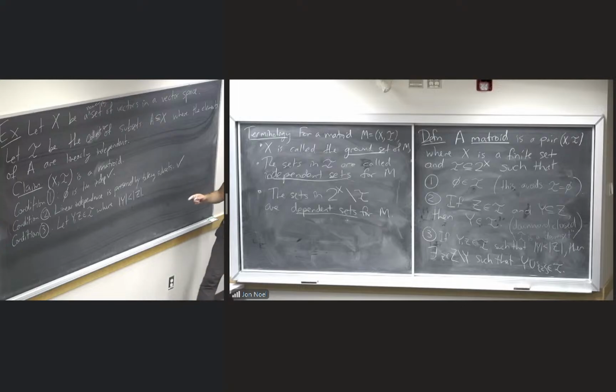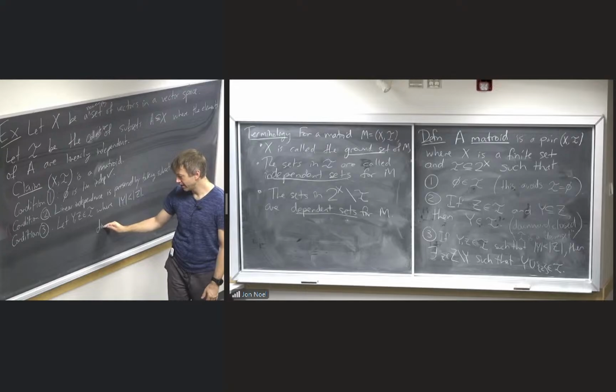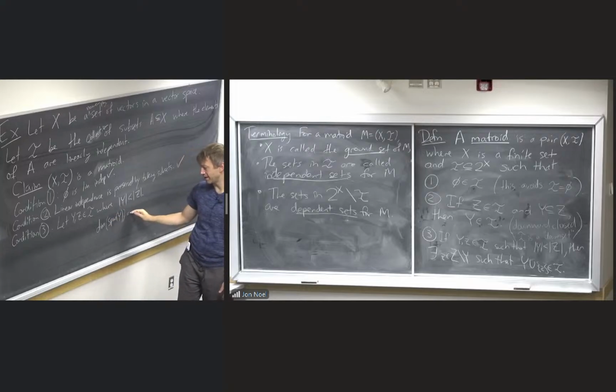If you think of the span of the vectors in y, the dimension of that span, well, these are linearly independent, so it should be the size of y, right?